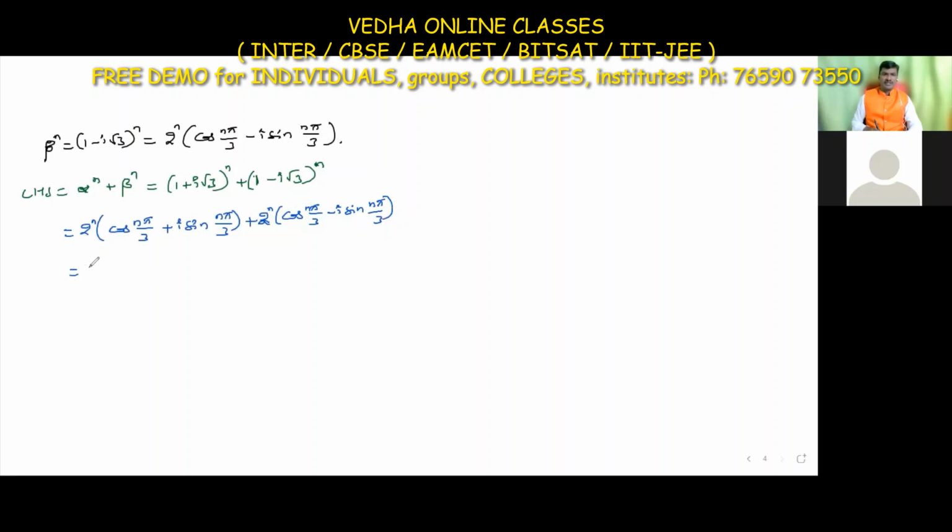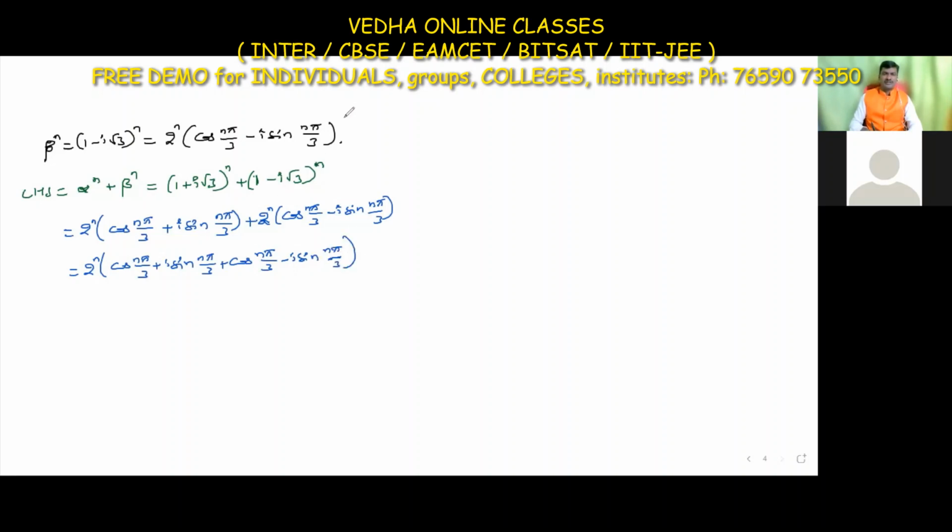2 power n is common in both the terms. So 2 power n into cos n pi by 3 plus i sin n pi by 3 plus cos n pi by 3 minus i sin n pi by 3.